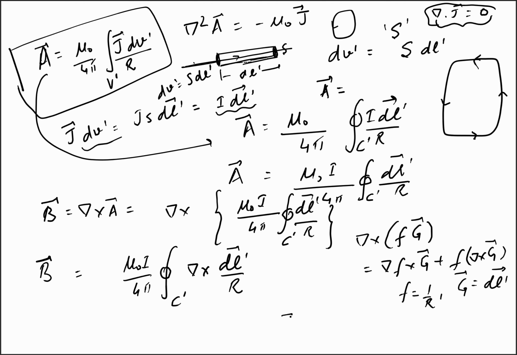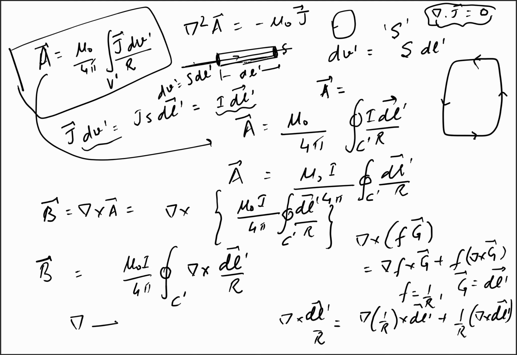So del cross dl dash over r is equal to del of 1 by r cross dl dash plus 1 by r del cross dl dash. Now you see that this del is with respect to unprimed coordinates, that is the field points. However, this dl dash is at the source points, so both are independent, so the differentiation should be equal to 0. So this is equal to 0.